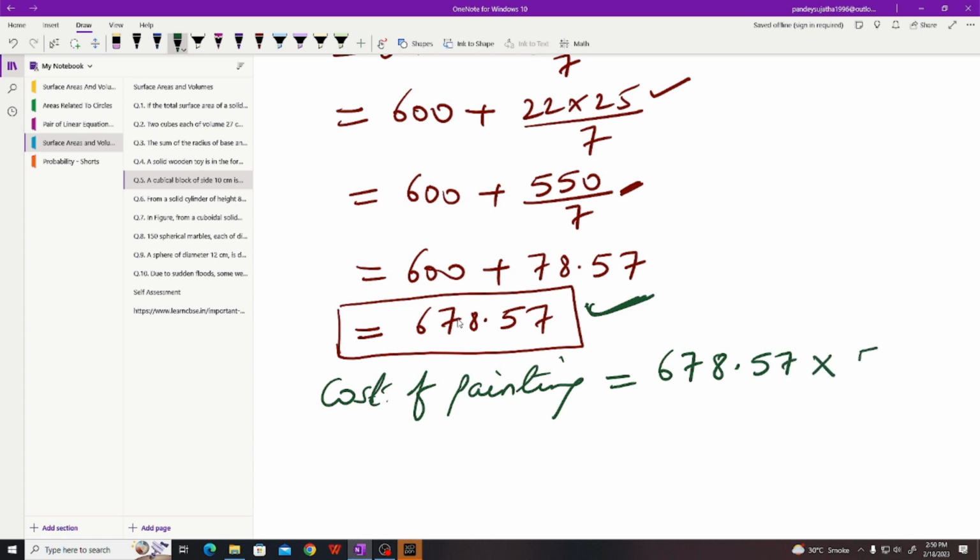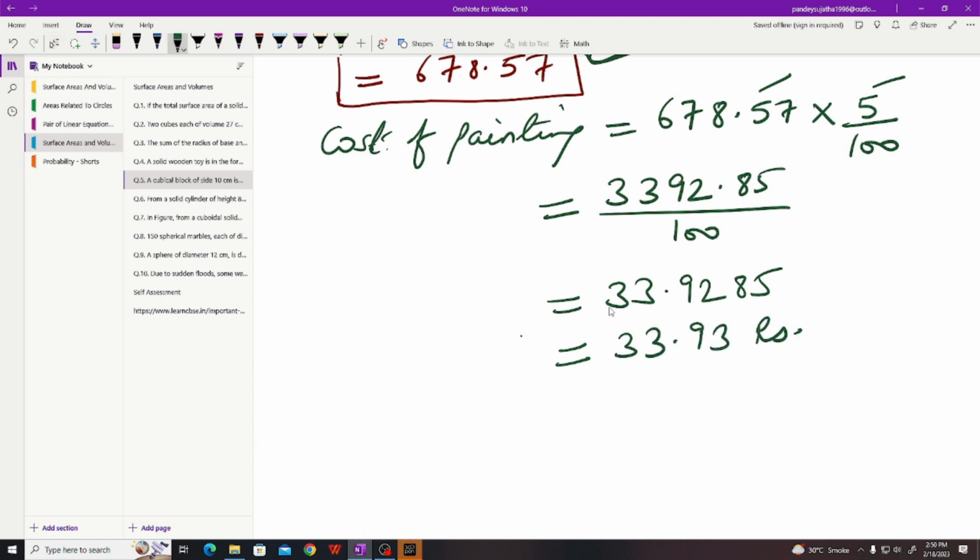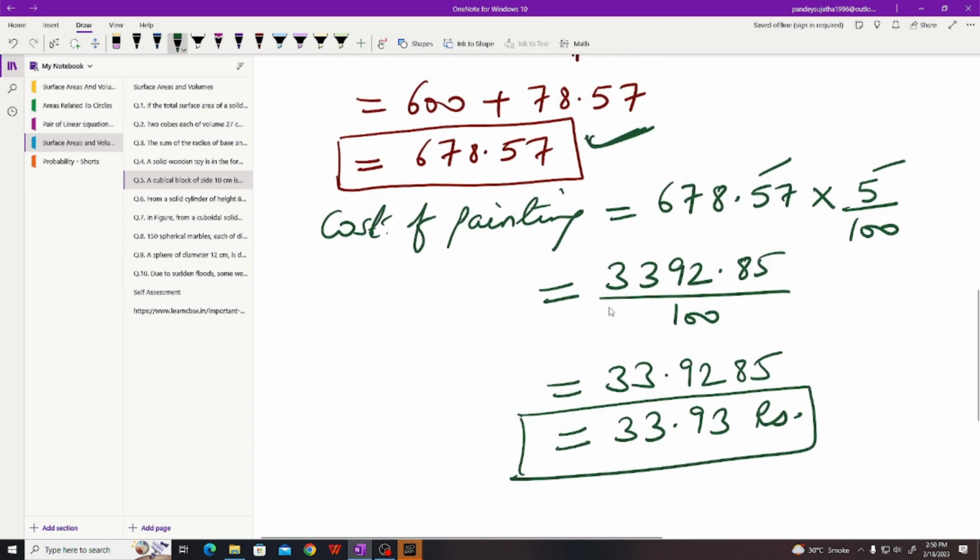So rate given is rupees 5 per 100 square centimeter. So we get, multiply the numerator, we get it as 3392.85 divided by 100. So now when we solve it, we get 33.9285. Now round up and write the answer, that is 33.93 rupees. So this is the cost of painting the surface area of the solid so formed.